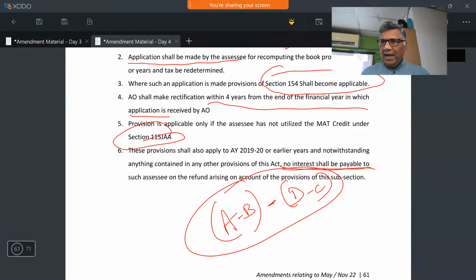A is equal to MAT of the previous year by including the past adjustment.